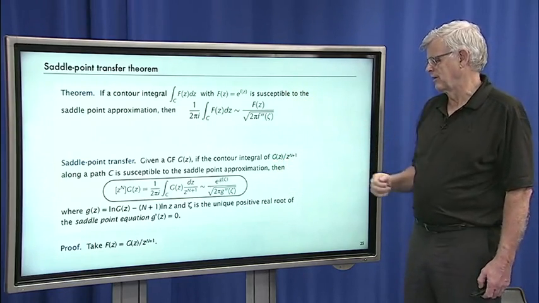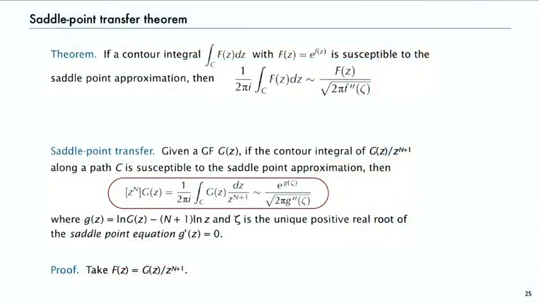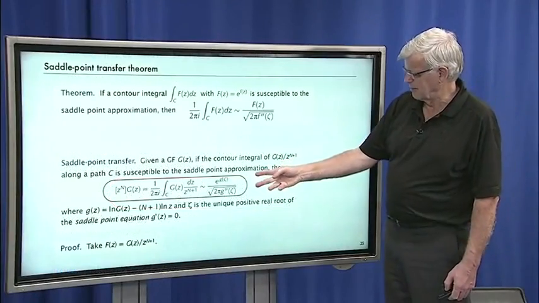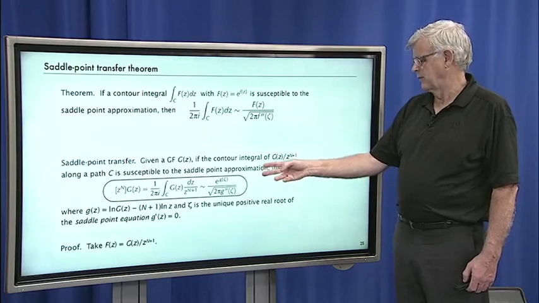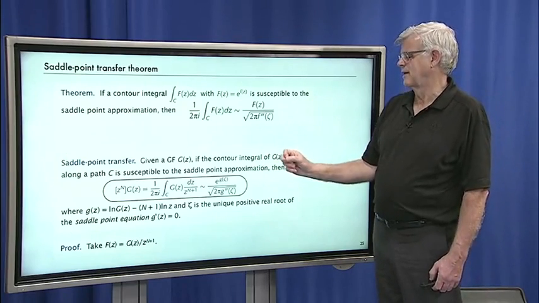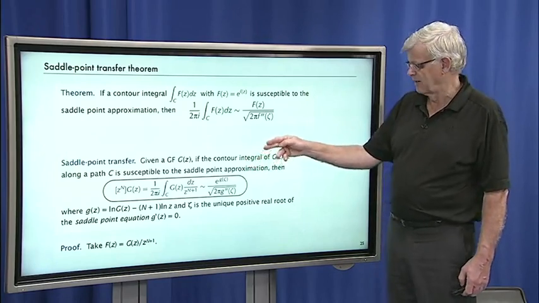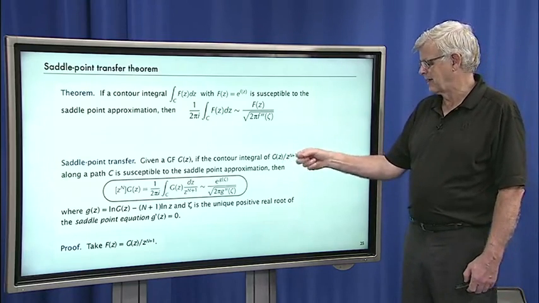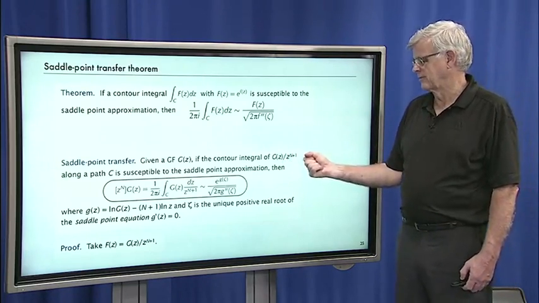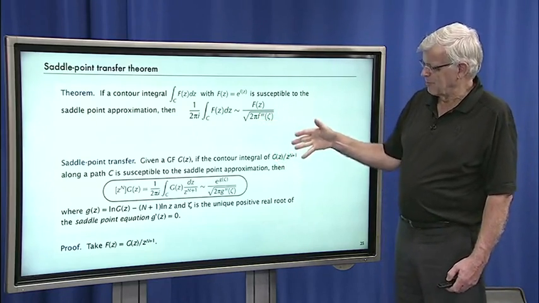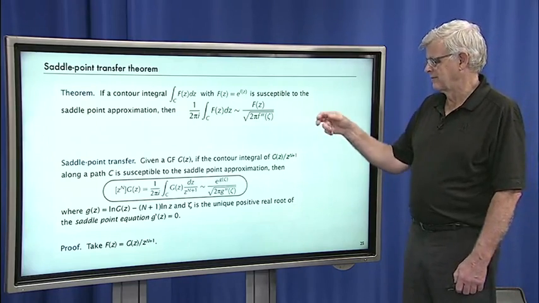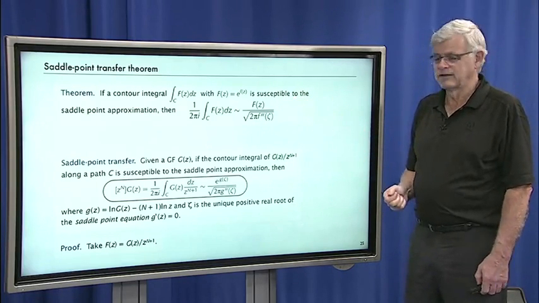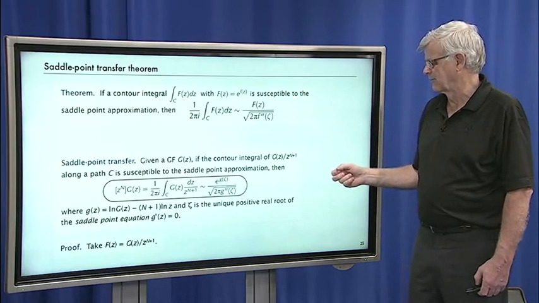So our saddle point equation is just modified slightly, and the main point is that we evaluate our function at the saddle point, and then we have this corrective factor, which is just square root of 2 pi times the second derivative. So it's a plug and chug method of getting coefficients of z to the n out of entire functions that have no singularities.